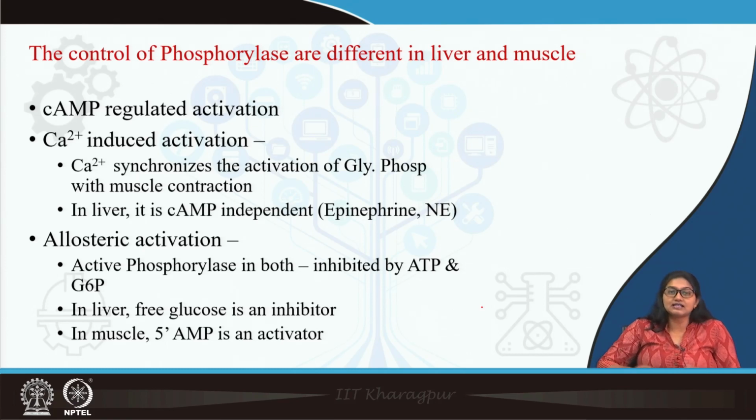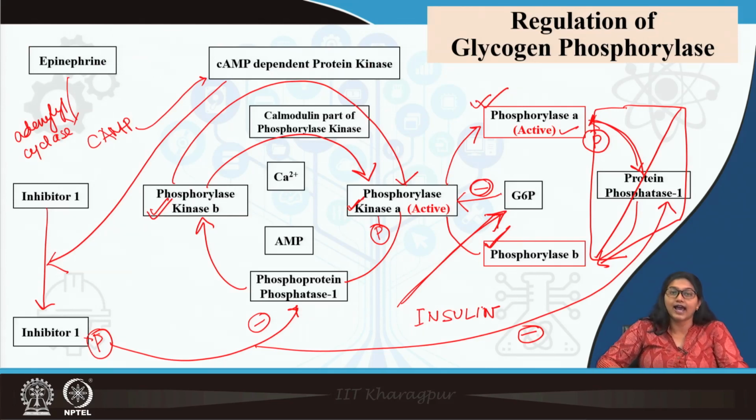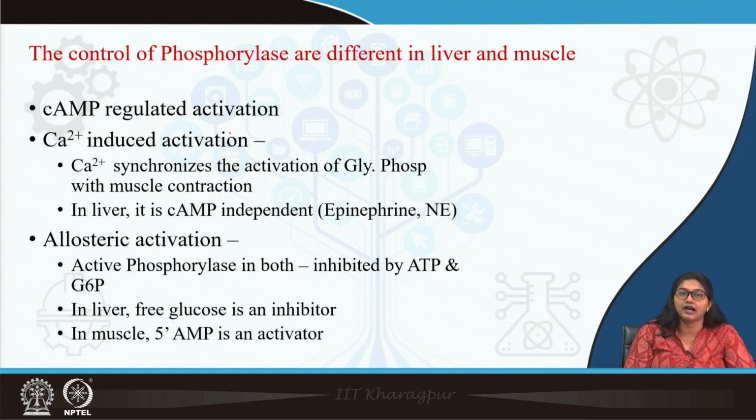We have discussed the cyclic AMP dependent regulation, but this calcium induced activation happens differently in liver and muscle. Now, remember, as I told, calcium induces the calmodulin part of the protein kinase.